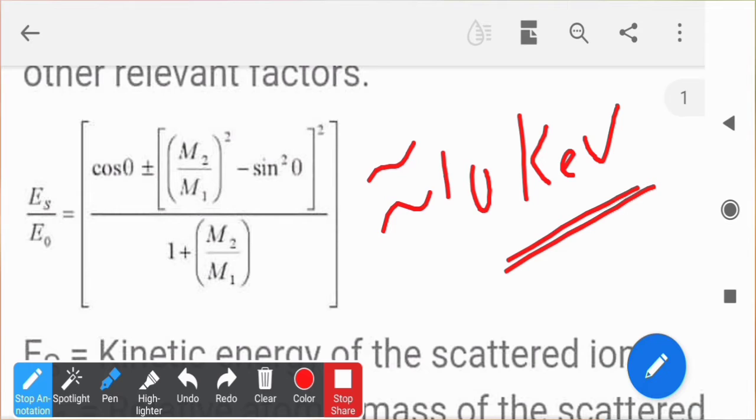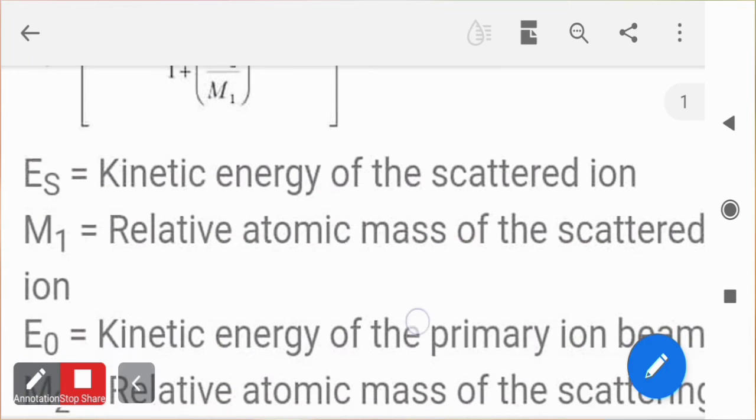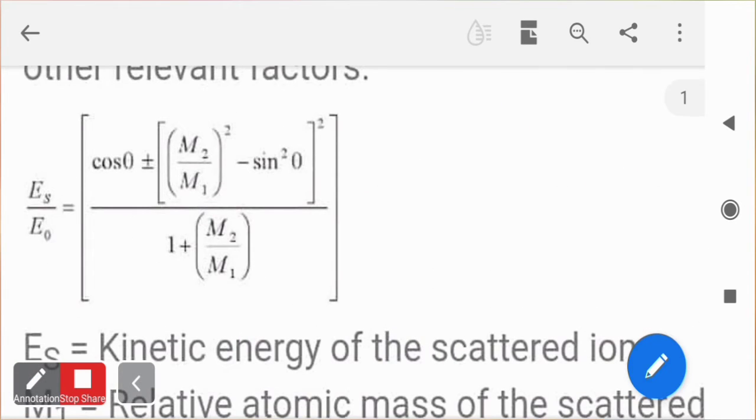The principle is again the same: we apply the low energy ion beam on the target material at some particular angle. In the formula you can see the angle is theta. At that particular angle we apply the radiation and analyze the backscattered radiations at that large scattering angle.